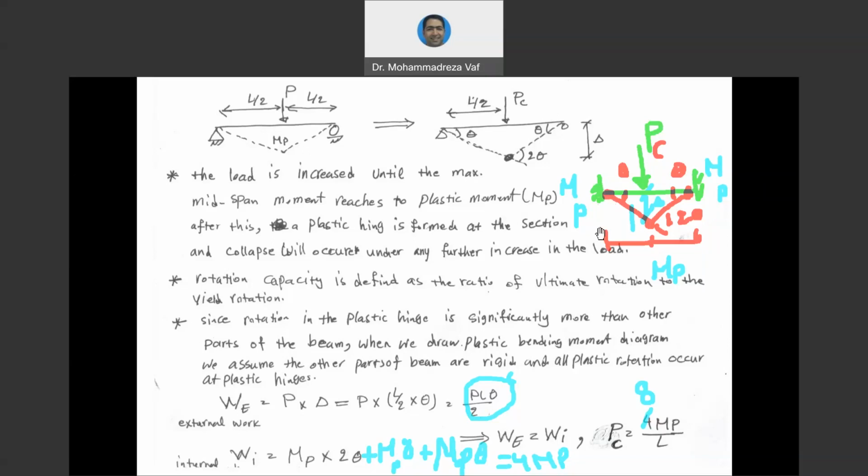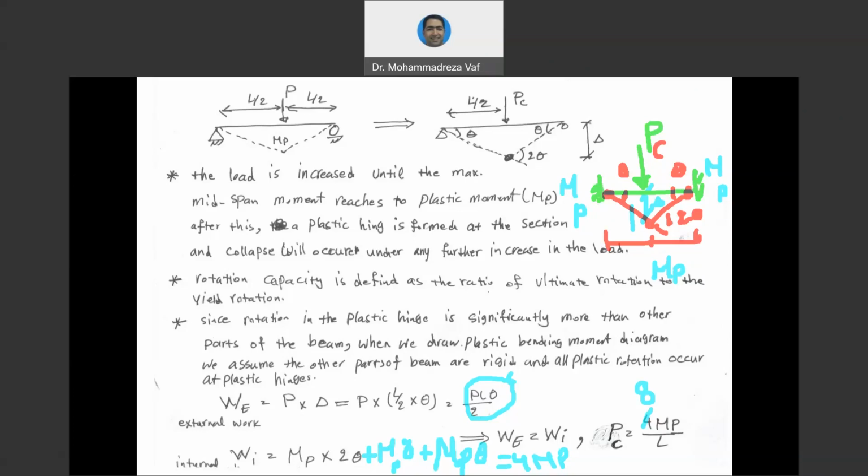This is why if you have an indeterminate structure, we are going to have a larger force for the collapse condition. Or in other words, you can have a smaller cross section for reaching the same PC. Meaning here, if you calculate how much MP is based on PC, it is going to be PC L divided by 8.